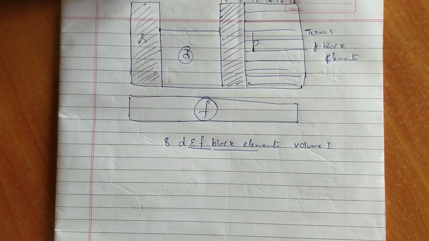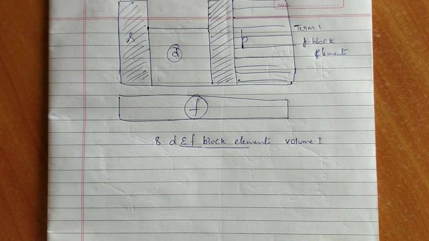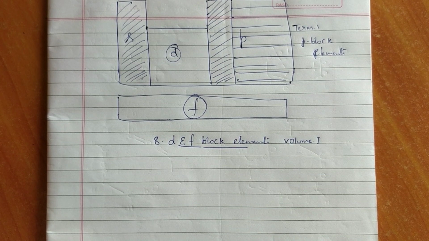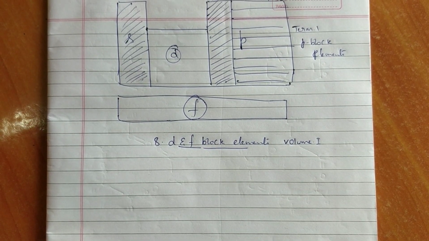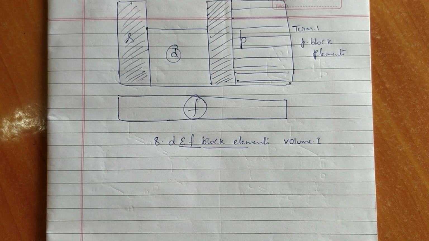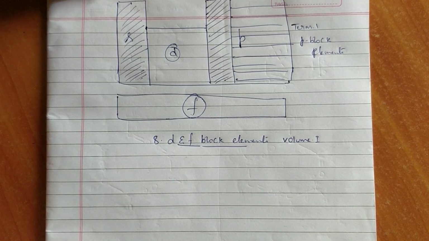In what way we have studied the P block, in the same way we have to apply here, and we have to go through these D and F block elements. Actually, whatever the equation part we have in this D and F, they have deleted that portion.